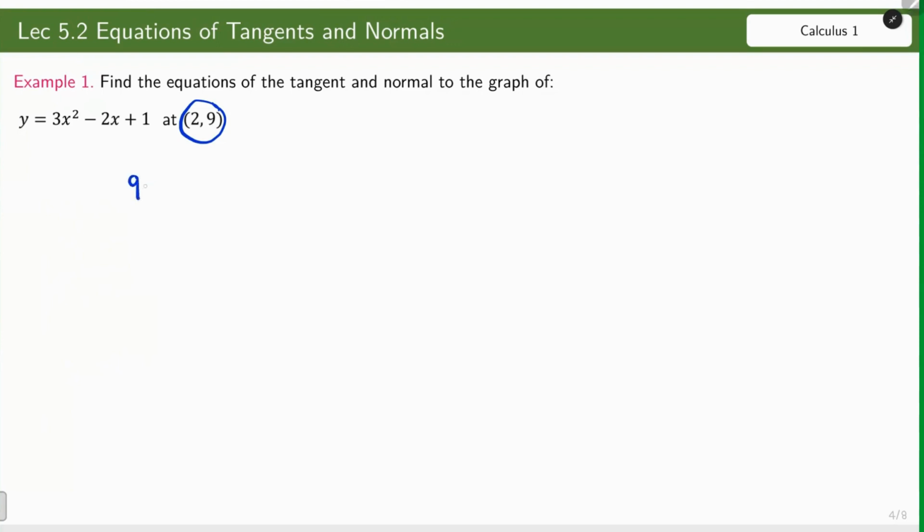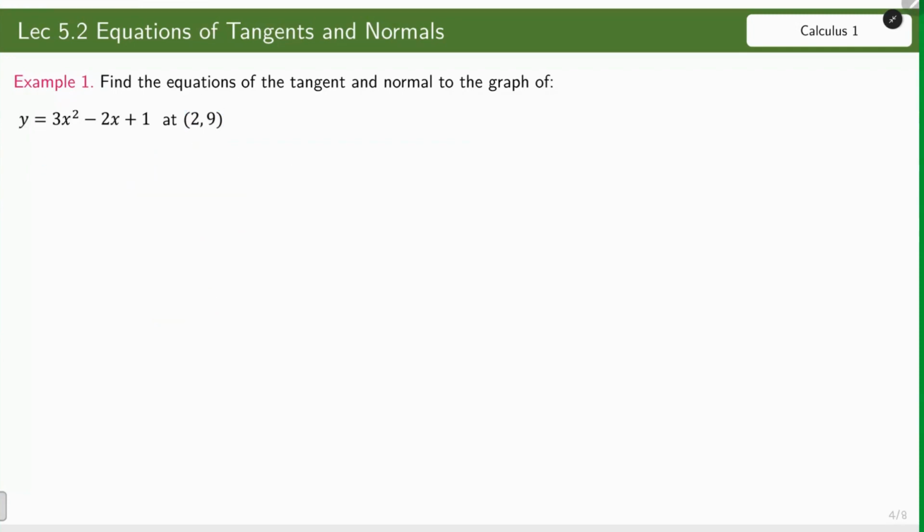So 9 is equal to 3 times the quantity 2 squared minus 2 times 2 and then plus 1. So is this equal? 9 is equal to 12 minus 4 plus 1. Yes. Both sides are equal. Definitely (2, 9) is the point of tangency. It is an element of this function.